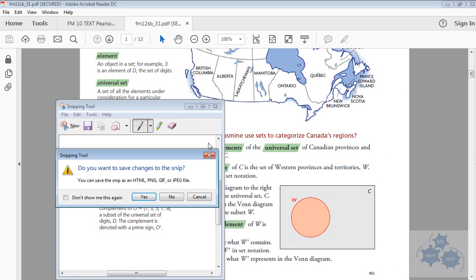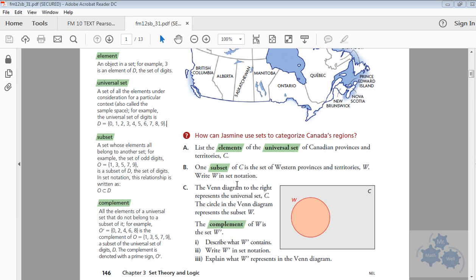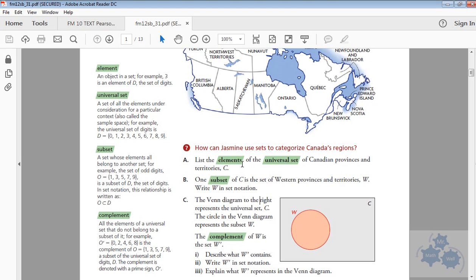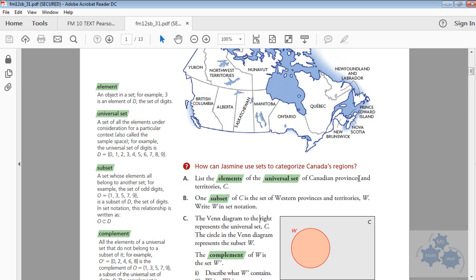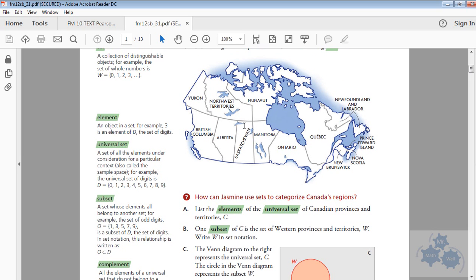Okay. So if we go back to the textbook here, let's see. List the elements of the universal set for Canadian provinces and territories. If we look at this diagram here, you understand that in Canada we have some provinces and we have some territories. Northwest Territories, that's a territory.